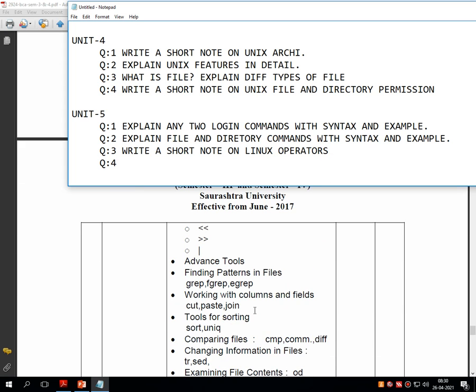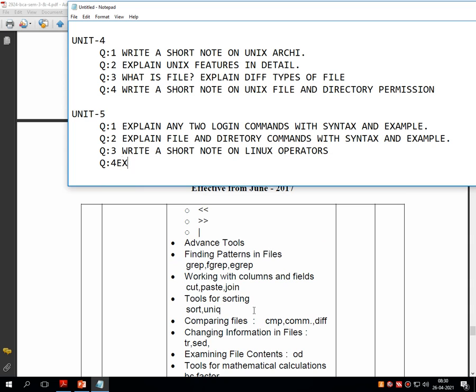Explain pattern matching command with suitable syntax and example.